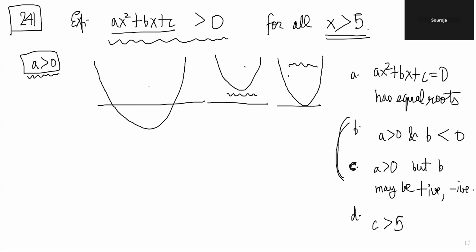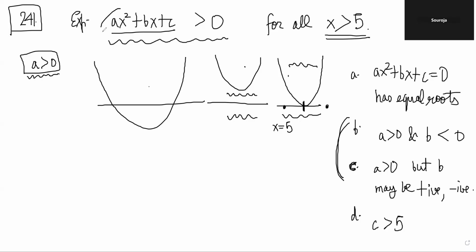Yeah, back. So what we are saying is in these two graphs, the quadratic is anyway always above 0 for all x greater than 5. In this graph, if 5 is somewhere here, then the quadratic will be 0 somewhere.